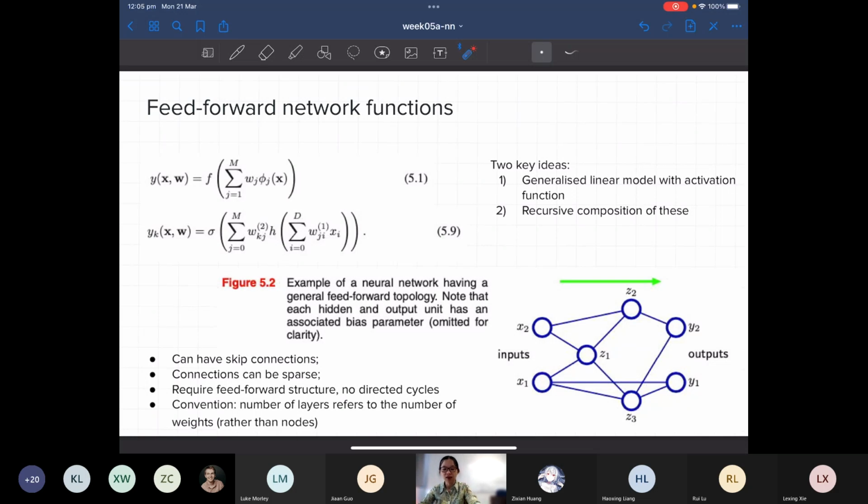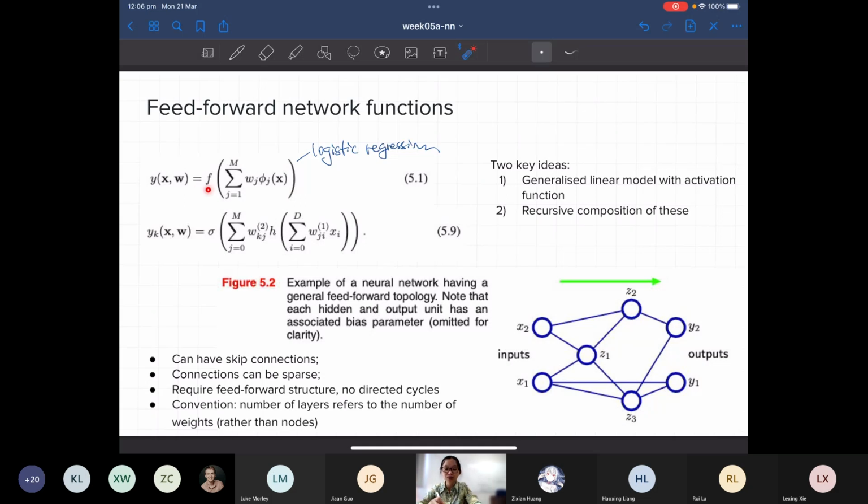So here we go. Equation 5.1 in the book is essentially, let's just say, logistic regression in almost no disguise. So we have a weighted combination of features passing through an activation function f. And yes, logistic regression is a building block of neural networks.